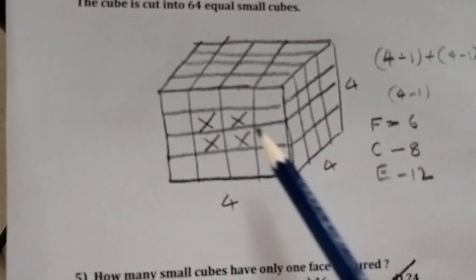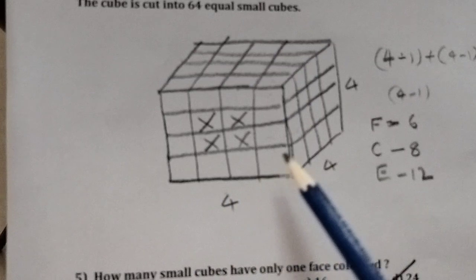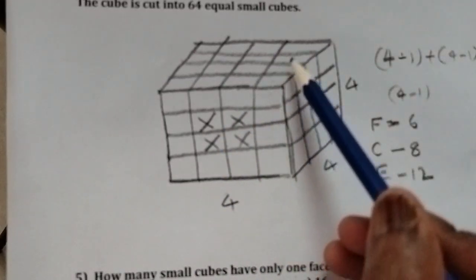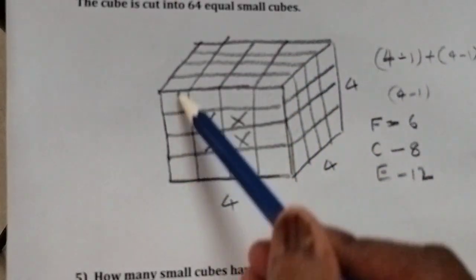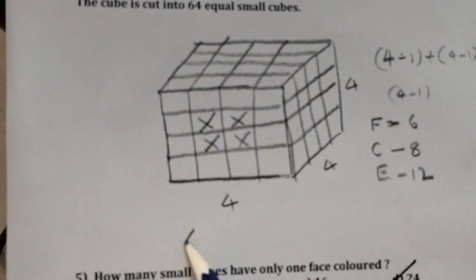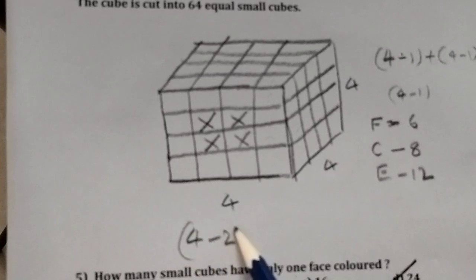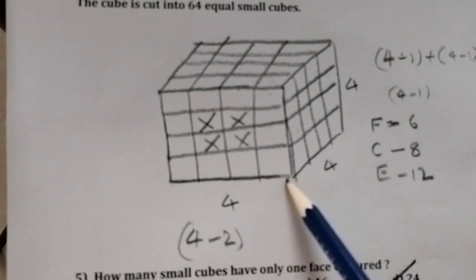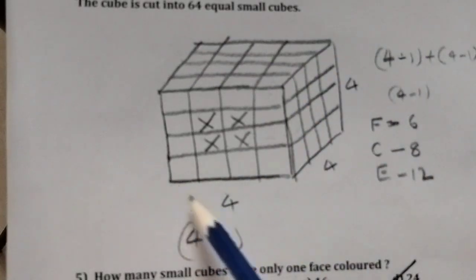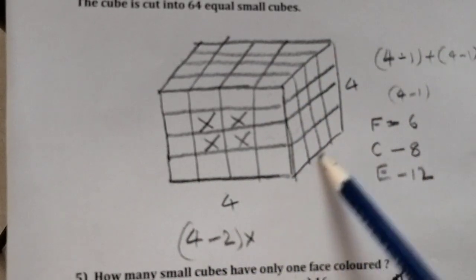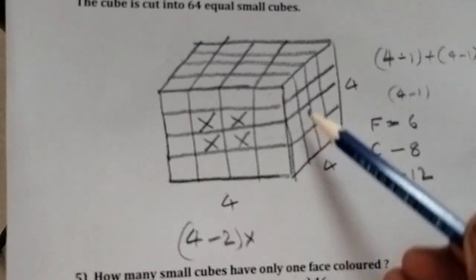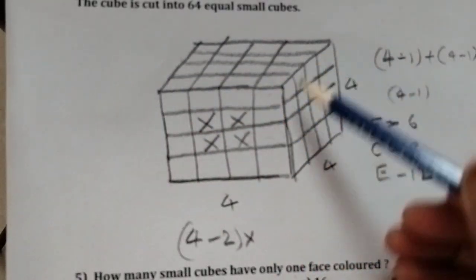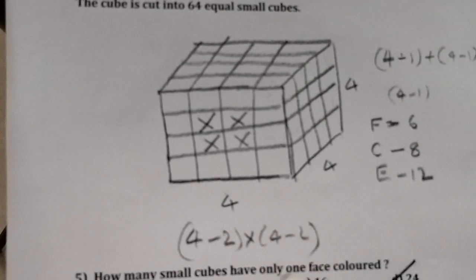Just assume this is a box. How many small cubes are inside of this box? Simply we cut the layers in each dimension, that means 4 minus 2. This is the length 4. I cut the piece on the left side and right side of the edge. Here also in width, I cut this particular layer and this particular layer, that is 4 minus 2.